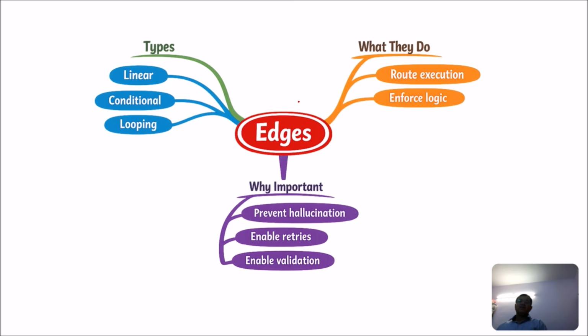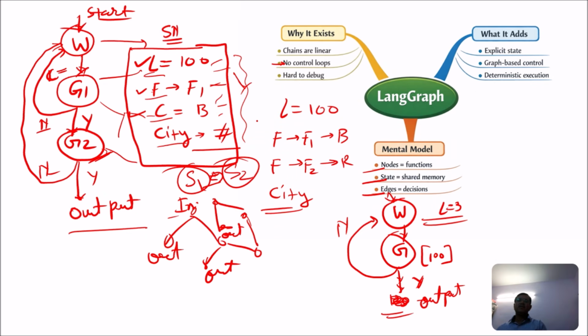So what are the edges? Edges you have already explored a lot. Edges can be linear, conditional and looping. In the first example, it was linear. After writing, it sends the commands to grader 1, grader 2. But here it is conditional. It checks the conditions yes and no and then creates a loop.